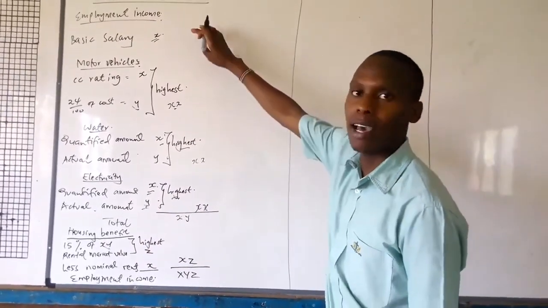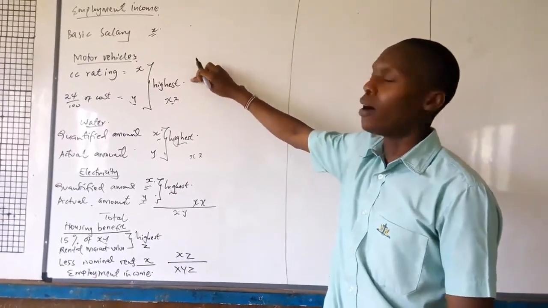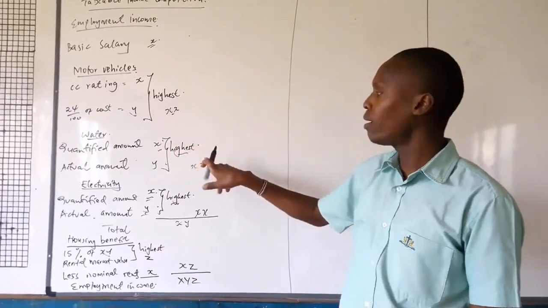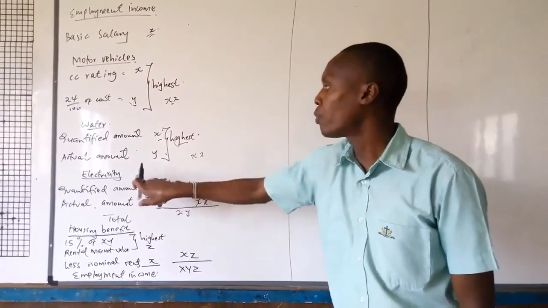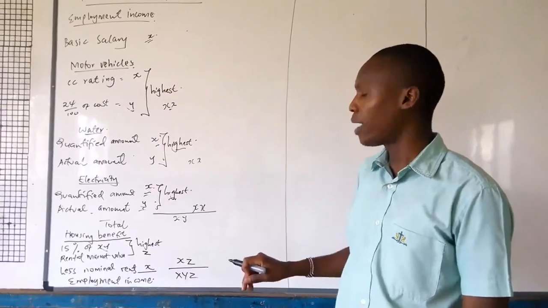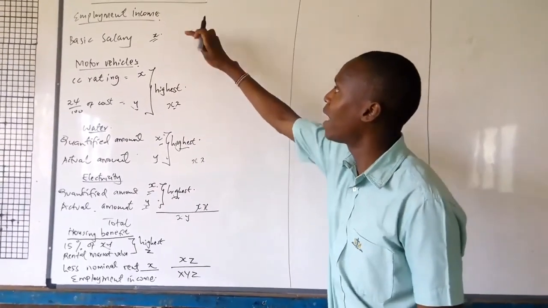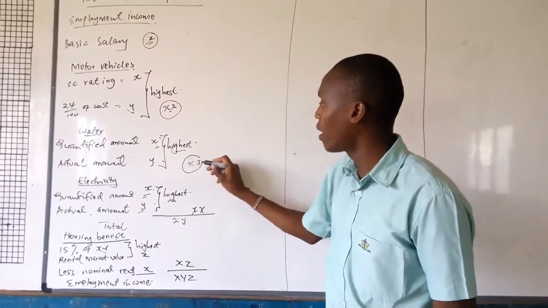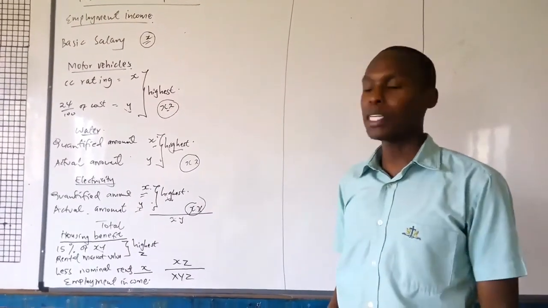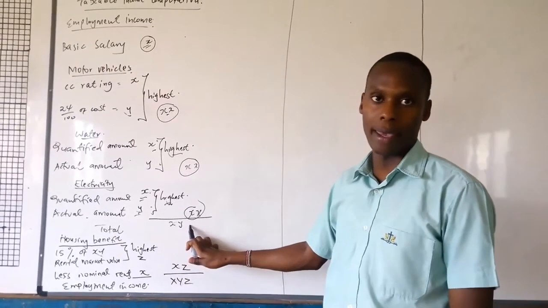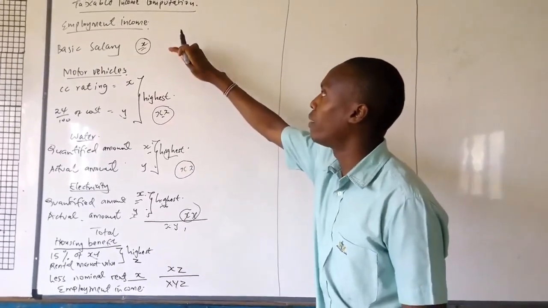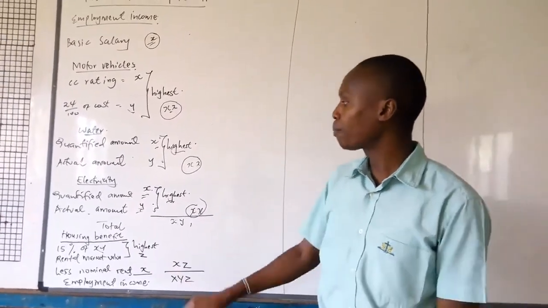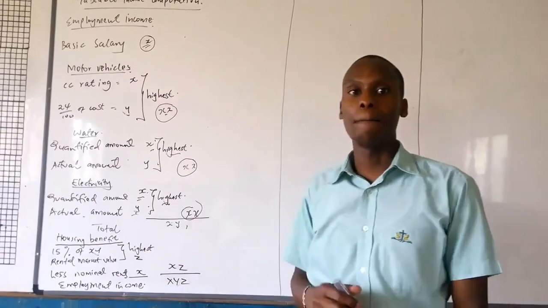So in my case, I have the basic salary, the motor vehicle with the highest value, the water with the highest value, then the electricity with the highest value. I have this one, and this other one, and this other one, and my total is XY, which is the total of these. Then the next point is the housing benefits.